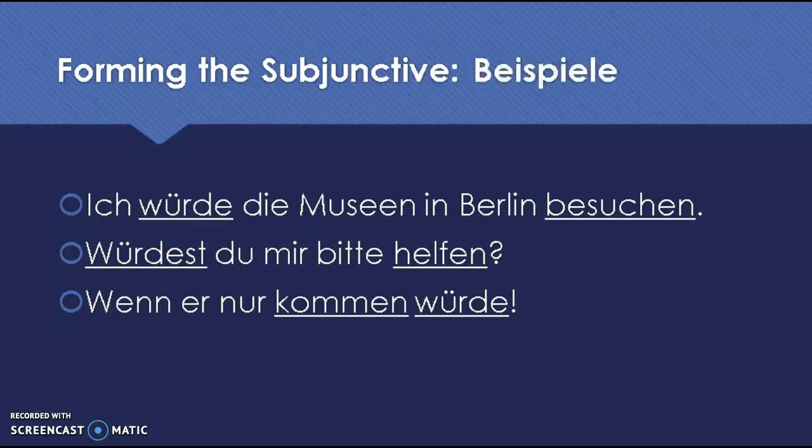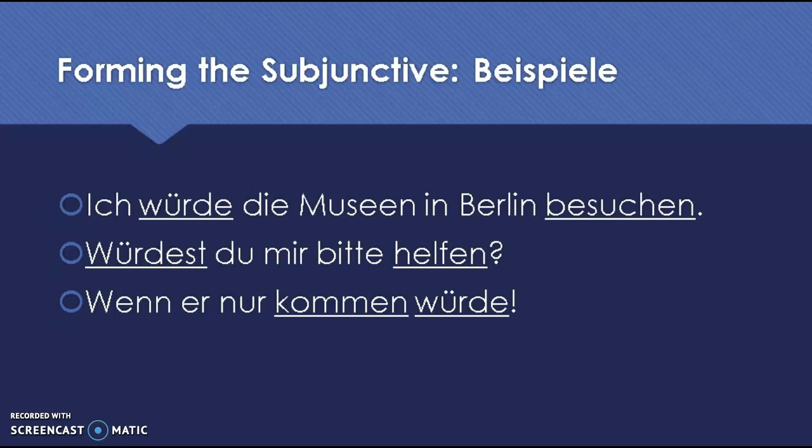So let's look at these. We have würde in this first example. Ich würde die Museen in Berlin besuchen. Würde comes second, besuchen at the end, which does not surprise us because we know that that is usually where German verbs occur. And the second one, würdest, comes at the very beginning because in a yes-no question the verb always comes first, but then the infinitive is at the end.